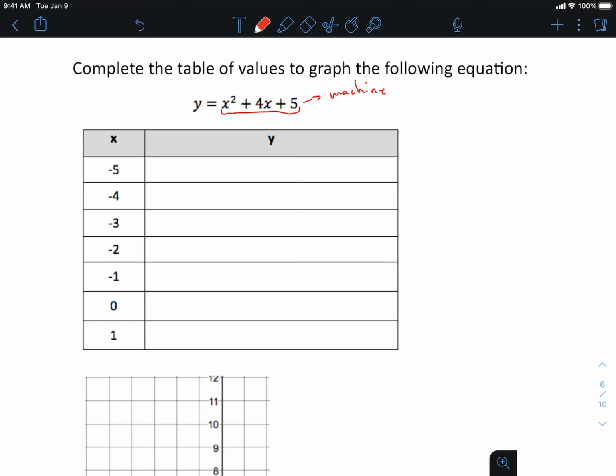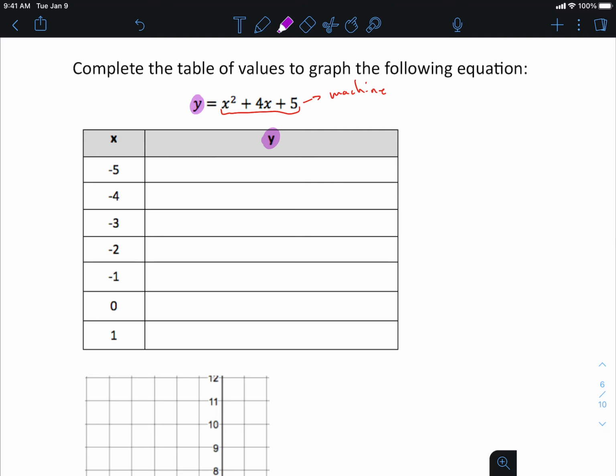Like anything, if I put something into a machine, some process is applied to whatever you input, and you get something new on the other end. That something new on the other end is the y value. That's what we're trying to find out.